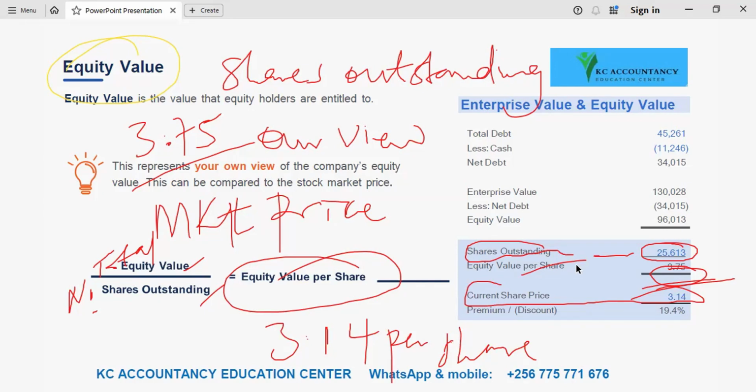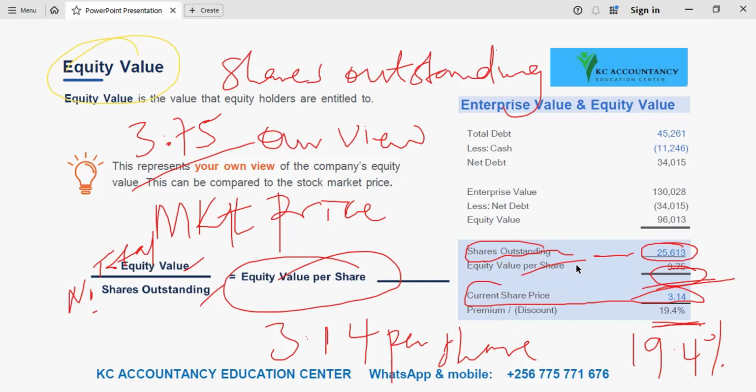Now, we can see that our view of the value is 19.4% higher than the value where it's trading in the market.